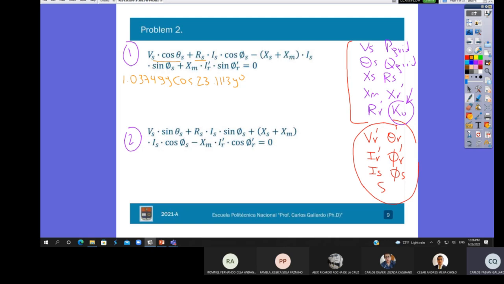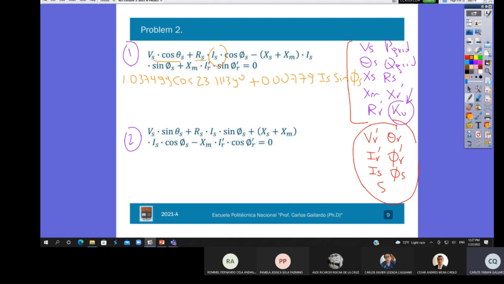The stator resistance is data, so plus I will have 0.00779. The current is unknown. I will have the current sine, this is unknown too.